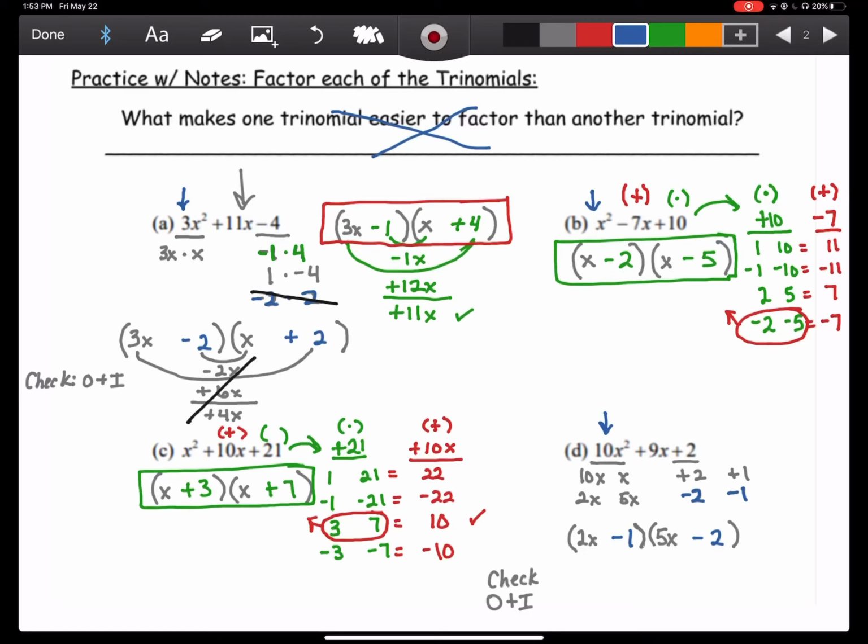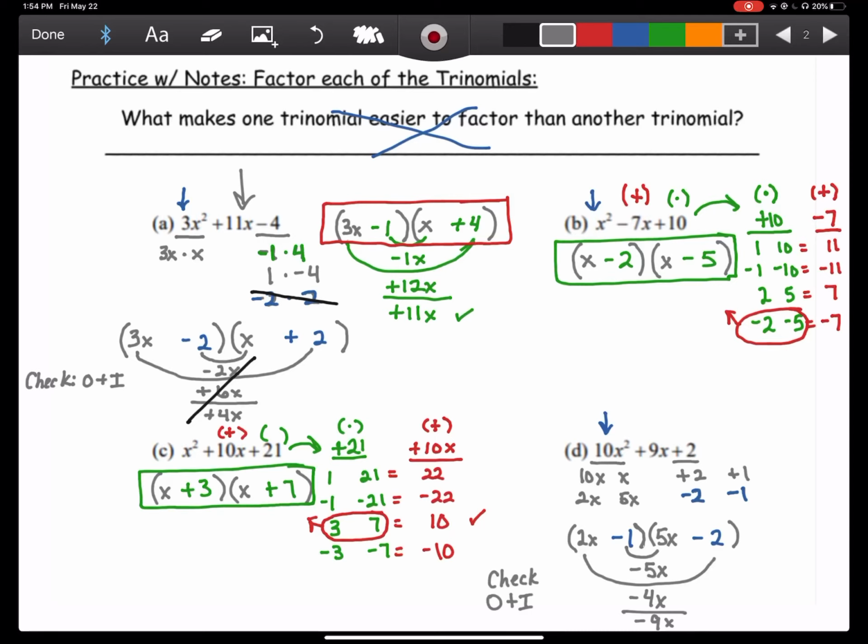Let's see what happens. So 2x times, this is outer times outer, so that makes negative 4x. This looks promising. And then the inner times inner is negative 5x. Total them up and we get negative 9x. Man, I thought we had a winner there.